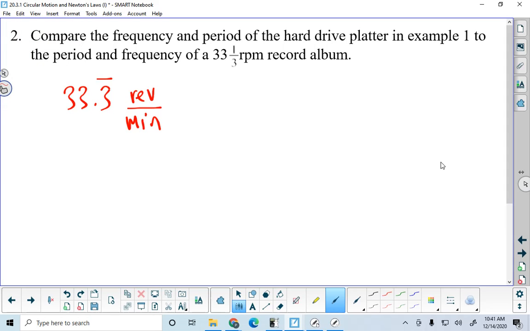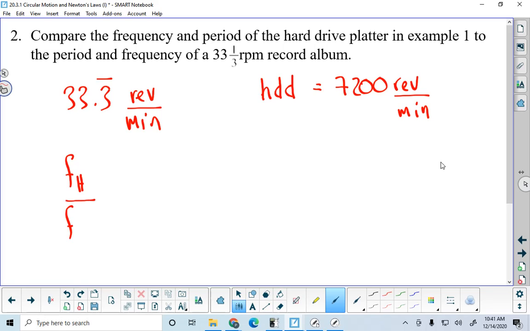Okay, so we already have the hard disk drive. Wasn't it 7,200 revs per minute? I believe it was. So if we were to compare the frequency of the hard drive to the frequency of the record, we could take 7,200 and divide by 33.3 repeating and get a ratio.